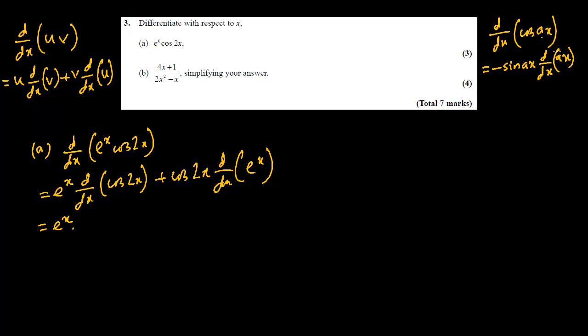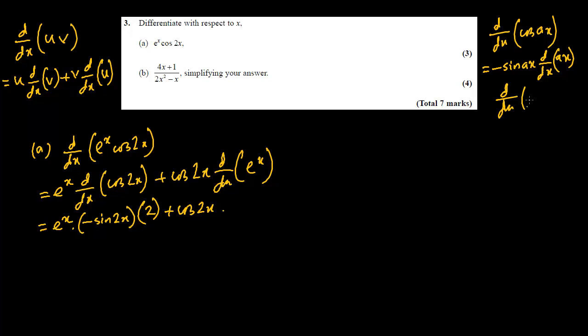If you have a derivative of something and you multiply, that is known as the chain rule. So here we have to multiply the derivative of the inside. So cos 2x gives minus sine 2x, and by the chain rule d by dx of 2x is 2, plus we have cos 2x times d by dx of e to the power x.